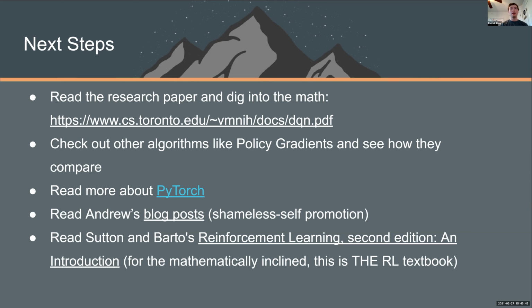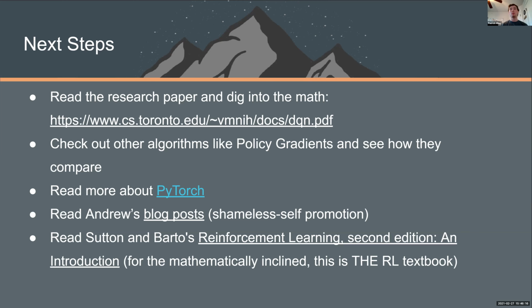That would be continuous because, unlike discrete where it's either going to be left or right, you could theoretically have any decimal point value as the torque. So that's called a continuous action space, and DQN isn't built for a continuous action space. There are other algorithms like DDPG and TD3, two examples, and that probably sounds like nonsense, but there are a bunch of other algorithms out there that are suited for continuous action spaces. If you're interested in that kind of stuff, again, reach out to us.